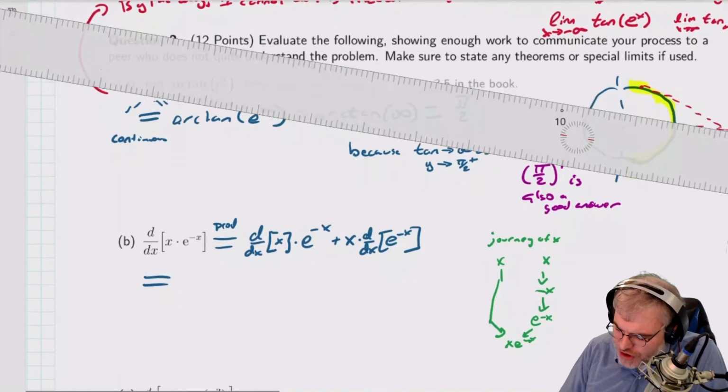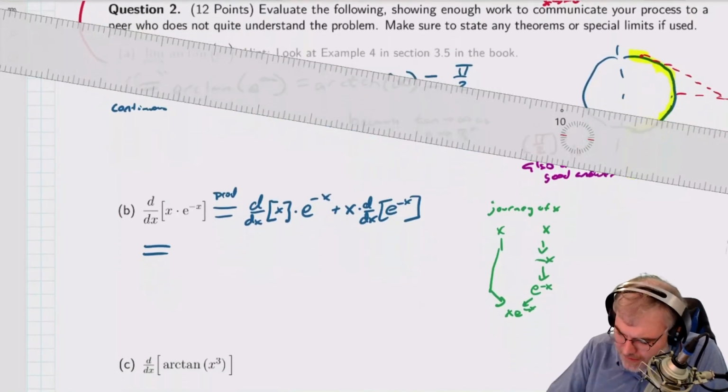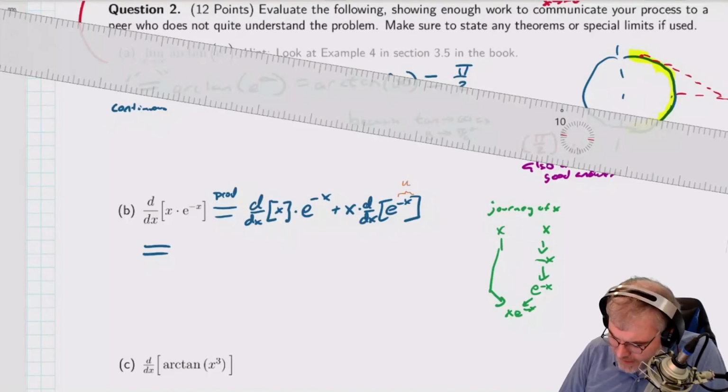And then I'm going to have a chain here. So my u is going to be negative x. So I'm going to have 1 times e to the negative x, that's baggage, plus x times the derivative here.